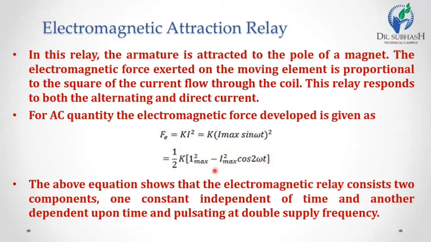So there are two components, the first independent of time and the second dependent on time. Whichever quantity is more, the electromagnetic force will develop the operating force, and electromagnetic attraction will be active.